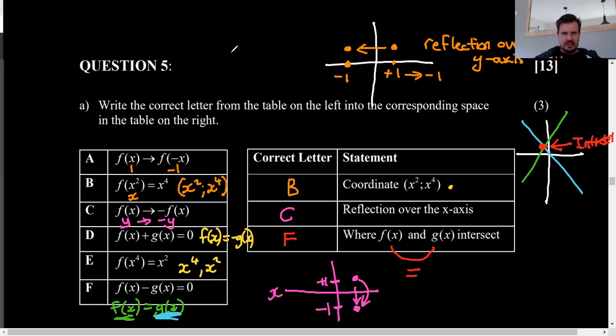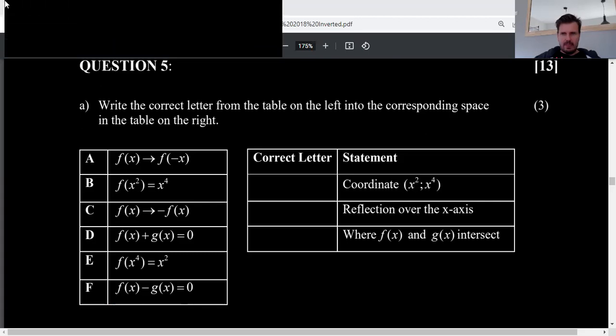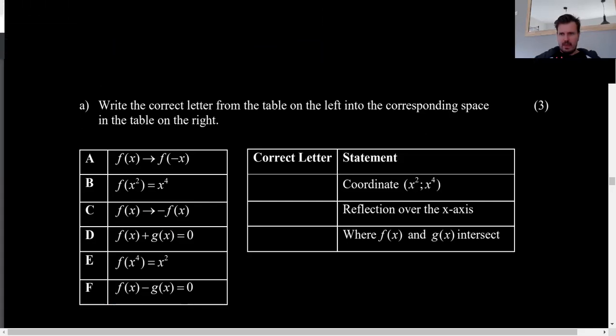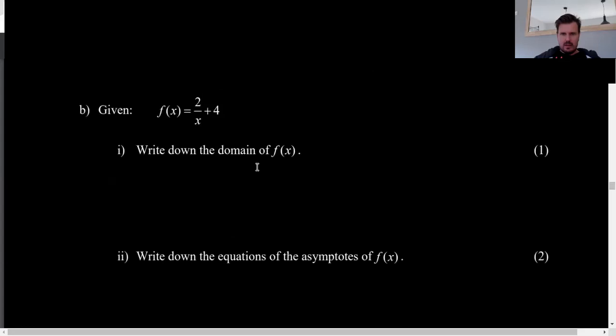Let's look at the next one. Clear all drawings. Okay, so they want the domain.